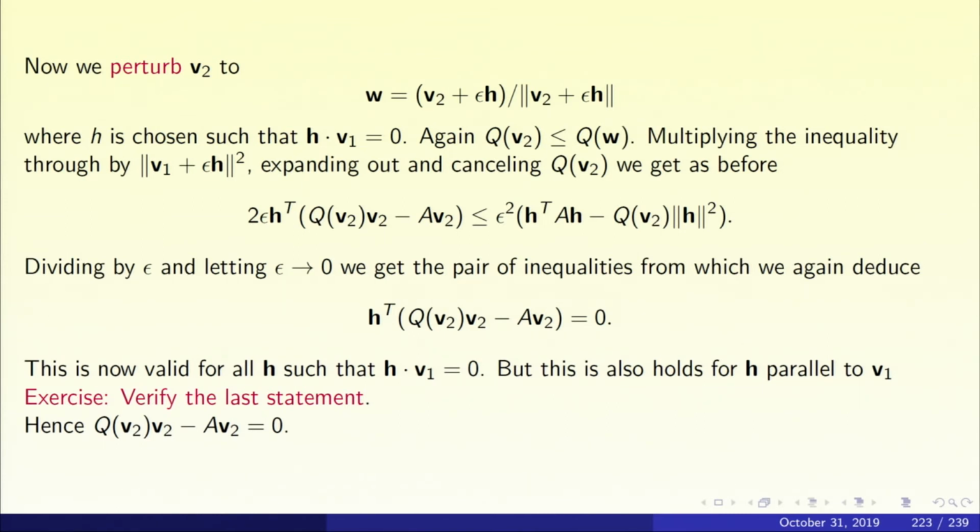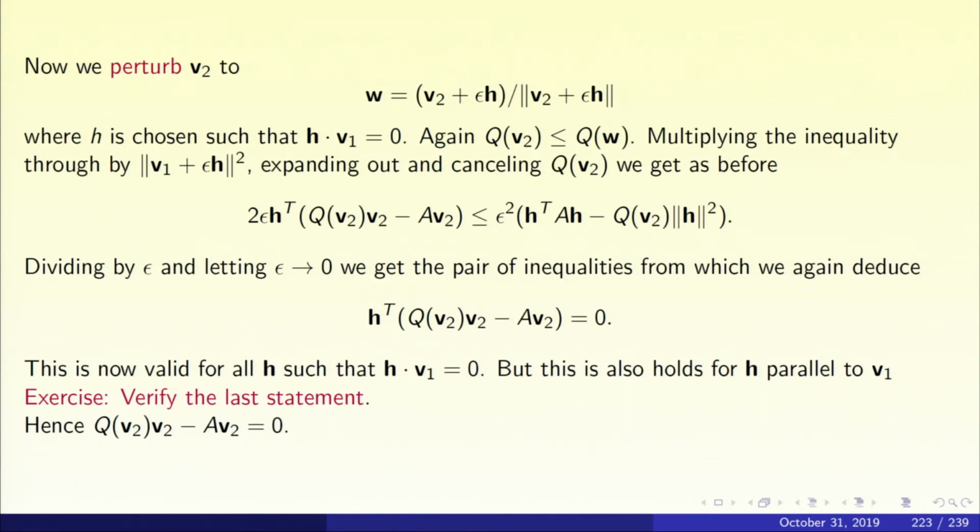So again the last displayed equation holds for all H perpendicular to V1 as well as H parallel to V1. But any vector in R^n can be written as a sum of two vectors, one parallel to V1 and the other perpendicular to V1. That's always possible.